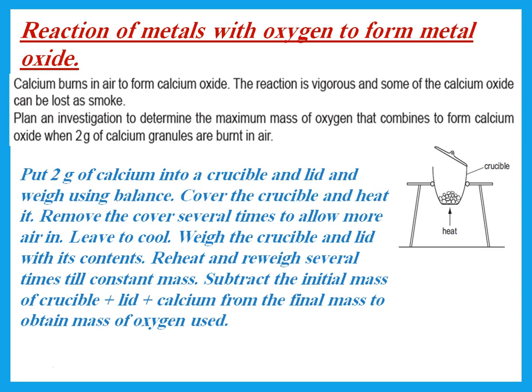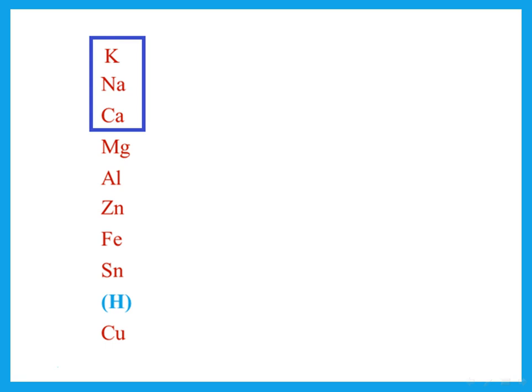So the mass will start to increase. Once there is no more increase in mass, then the reaction has finished. So subtract the initial mass of crucible and lid and calcium from the final mass. That will give the mass of oxygen.